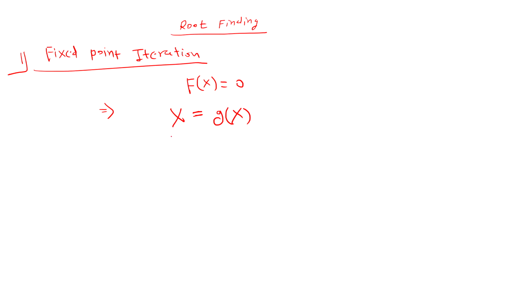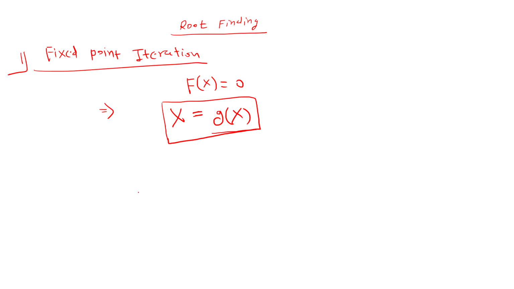Now we can find so many expressions in this form from this function. So there must be some constraint on this g of x that we will discuss in this video, what is the constraint on this g of x. So this is the basis of this fixed point iteration.